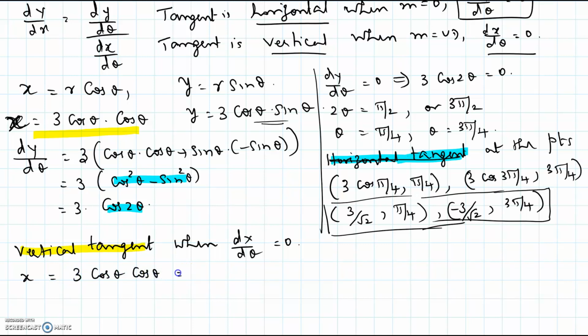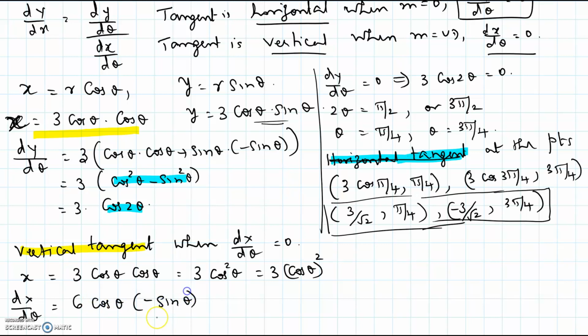Either you can apply the product rule right there, or you can write 3 cosine squared theta, or 3 times cosine theta the whole square. When you take the derivative with respect to theta and apply the chain rule, it is 6 cosine theta times the inner derivative of cosine, which is negative sine. So it is negative 6 sine theta cosine theta.